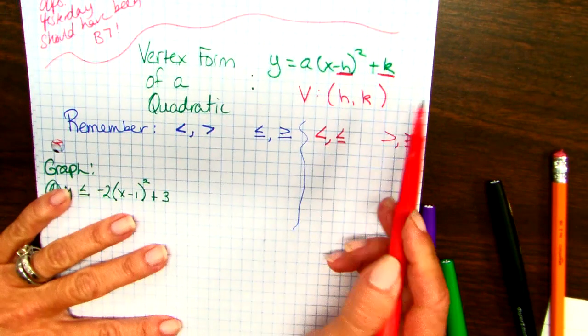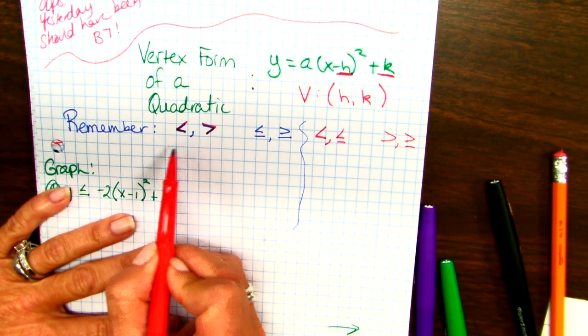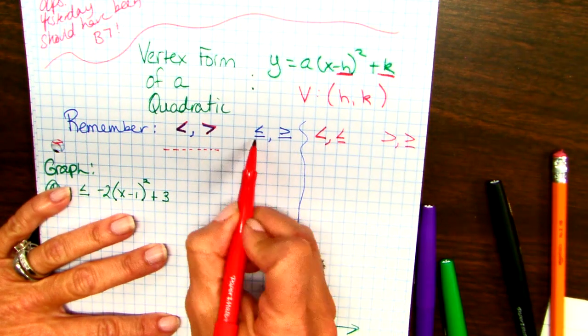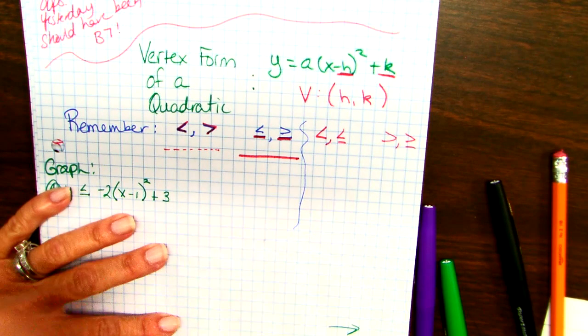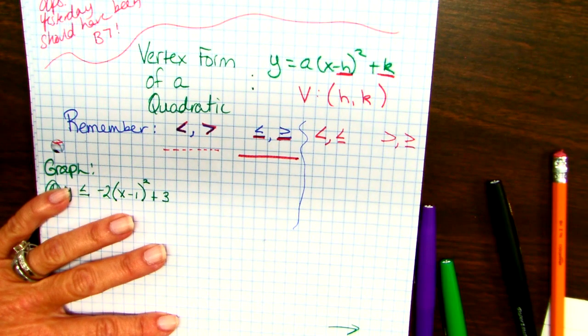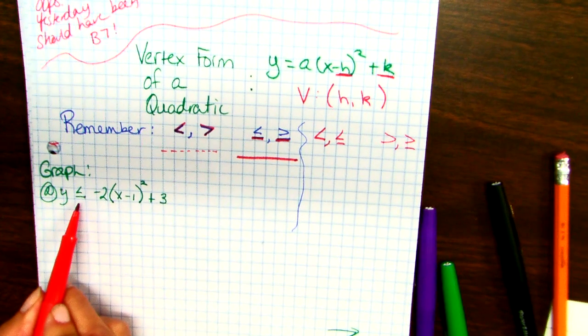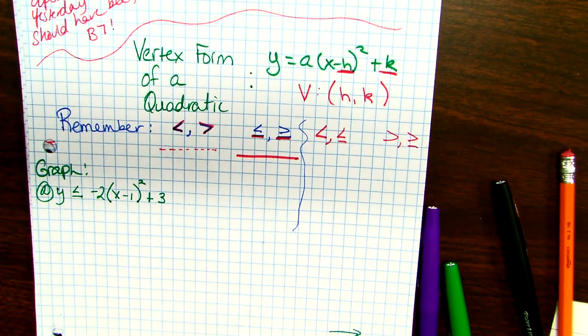And then we learned yesterday that if there's a less than or a greater than symbol, that's dotted when we graph it. And if it has the equal to symbol, we make it solid. Okay, and we've seen that before with other types of graphs. That's nothing really new. And since these are inequalities, right, we have inequality symbols, there's shading involved. When it's an equal sign, it's just those points.